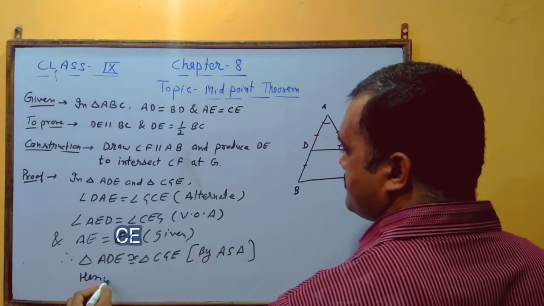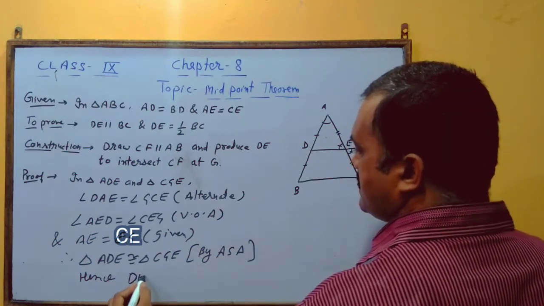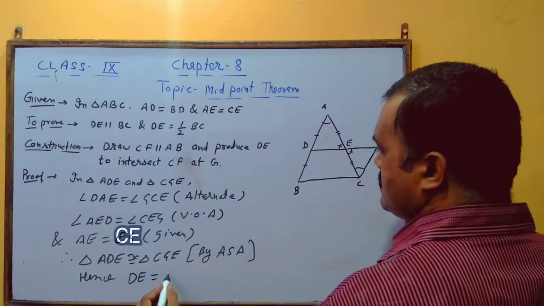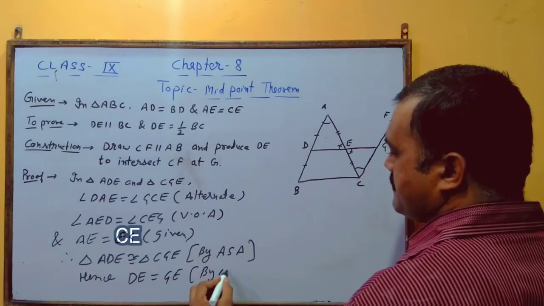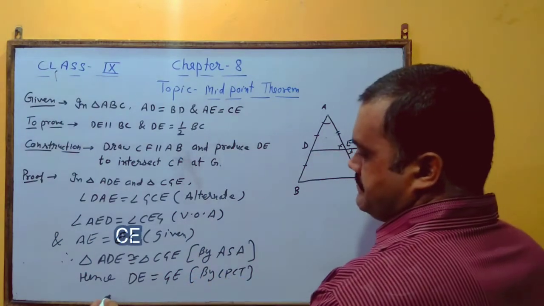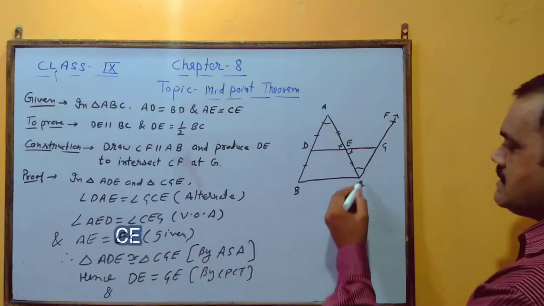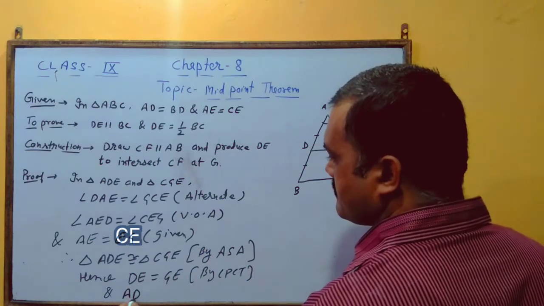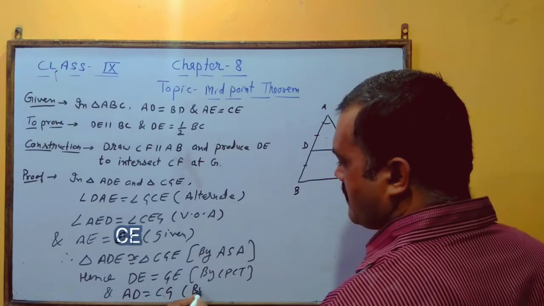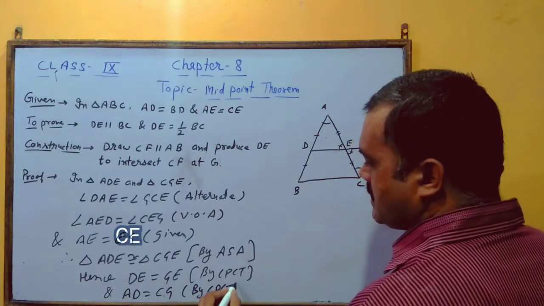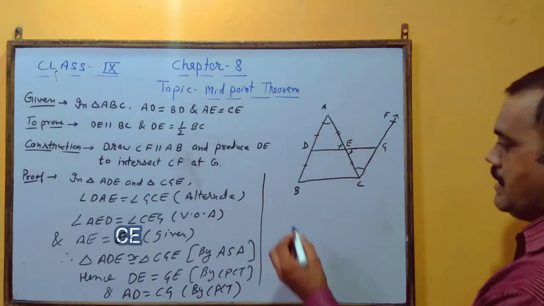Hence, this DE is equal to GE by CPCT, and this AD is equal to CG by CPCT.